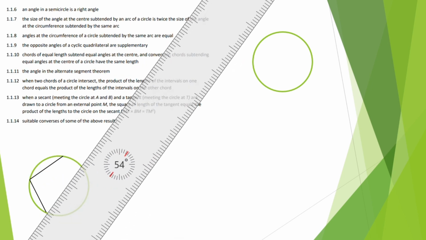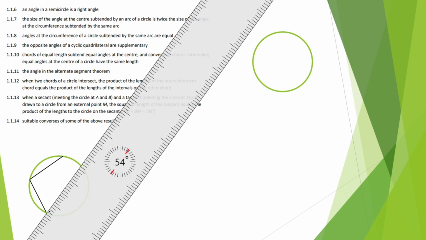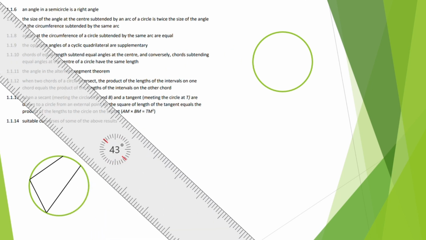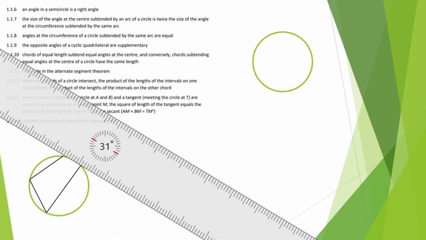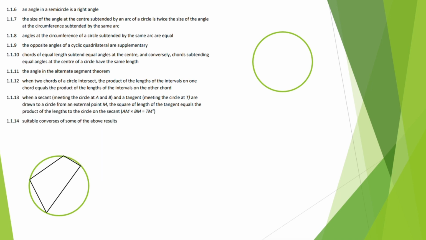I'll make it a bit odd. A cyclic quadrilateral will have its corners at the circumference of a circle. That's not greatly drawn, but you get what I mean. So let's say this is A, B, C, D.